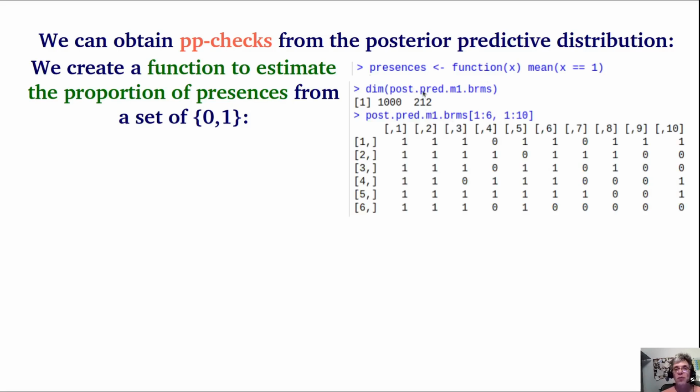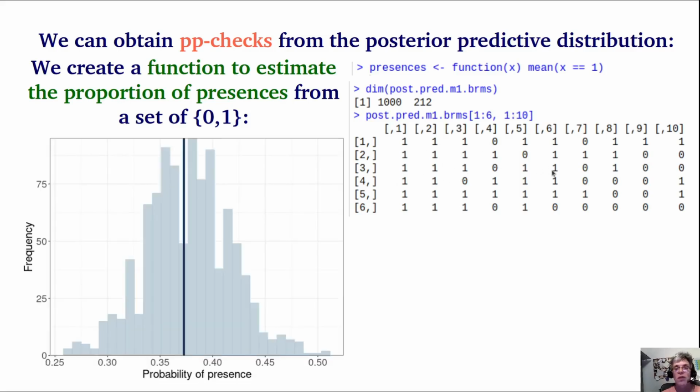So here's the posterior predictive distribution, whose dimension we saw before. I'm just showing here the first 6 rows and the first 10 columns, all of which are either ones and zeros. So what we do is that we apply this function to these 1000 rows of the posterior predictive distribution, estimating the proportions of zeros and ones in each of these potential realizations of the response variable yielded by the model, and compare it with the observed values.